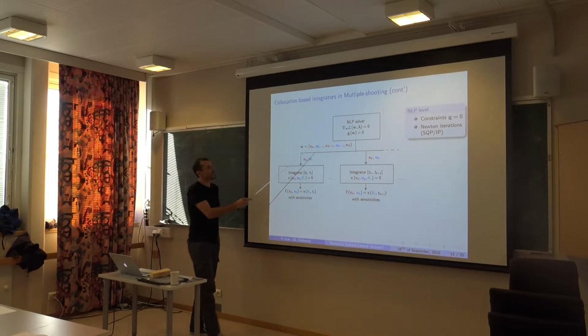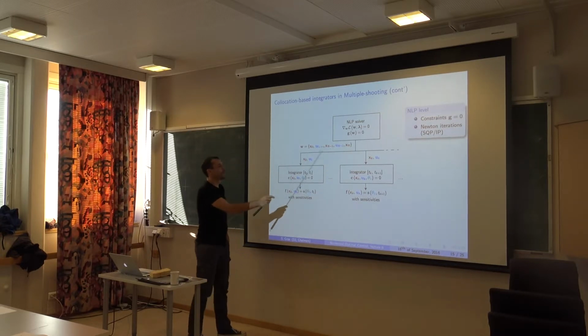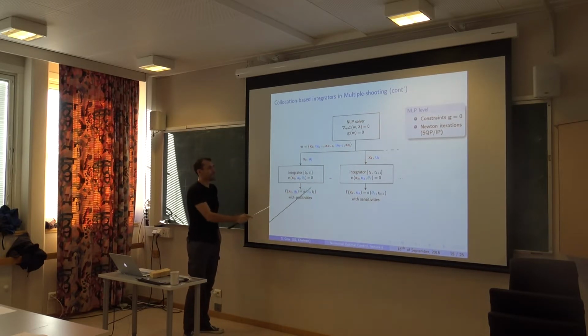And then at each round of iterations, you would update the W, i.e. you would update the X's and the U's. You would pass them to your integrators, which now are basically a set of equations that are being solved. So for the first interval, you have a set of constraints with x0, u0 given by the NLP, and then you solve for theta 0, doing some Newton iterations in here.